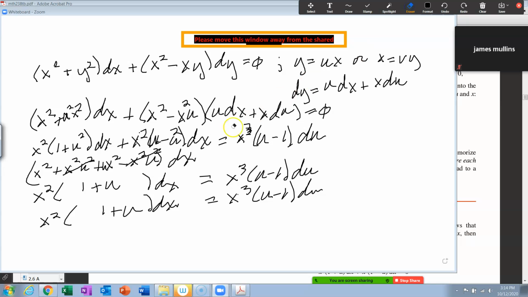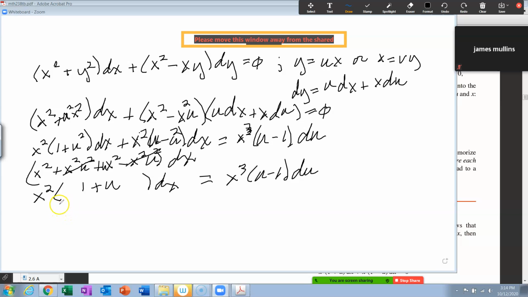I need all the space I can get, so I'm going to erase this one. Now let's divide both sides by 1 plus u. I'm going to write it as u plus 1, and divide both sides by x cubed.